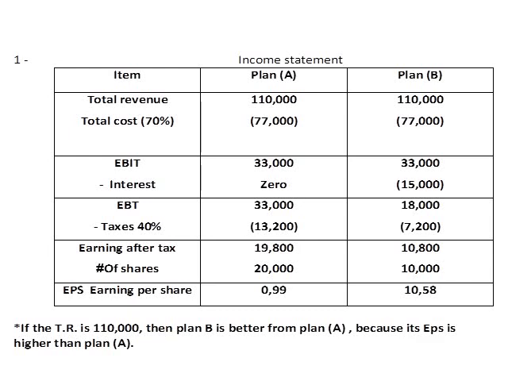Earning after tax, or net profit after tax, equals 33,000 minus the tax, equal to 19,800, and in Plan B 18,000 minus 7,200.